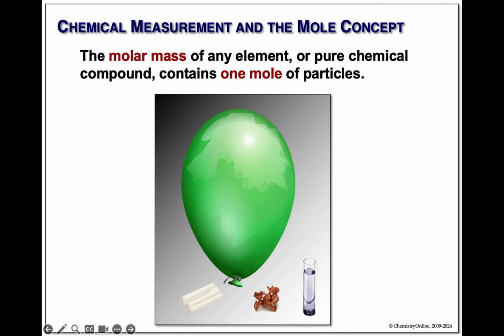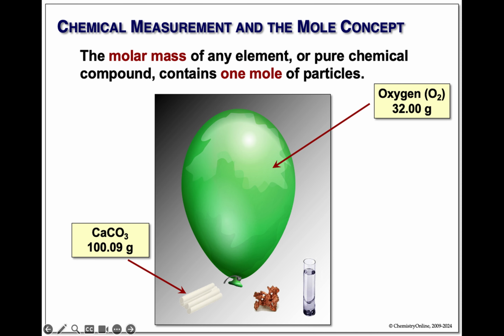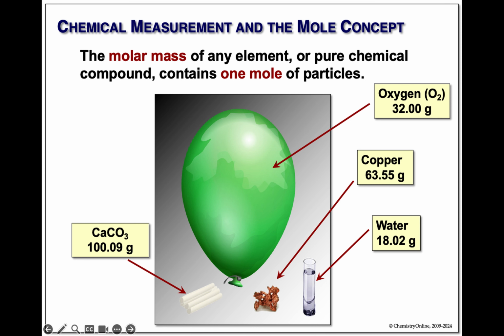It's also very useful for the quantitative chemistry that we will do. This is a balloon containing 32 grams of oxygen. This is a little lump of copper weighing 63 grams. This is 18.02 mils of water, and this is about 100 grams of calcium carbonate.